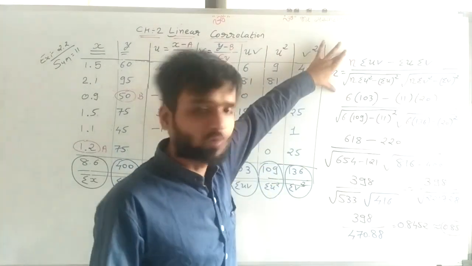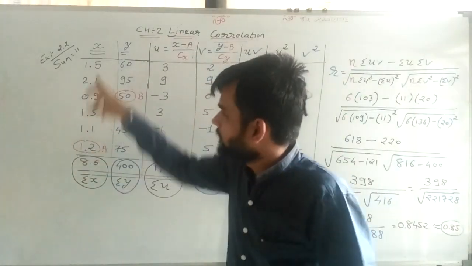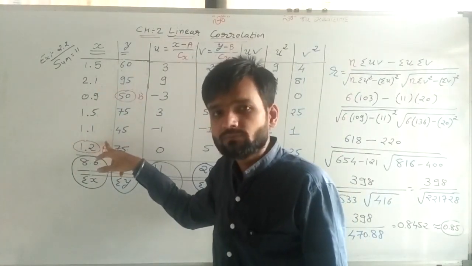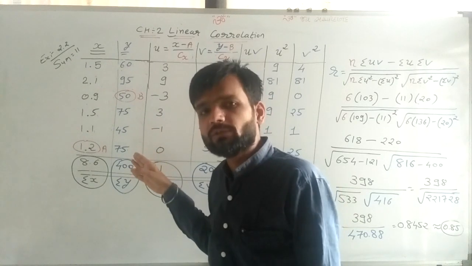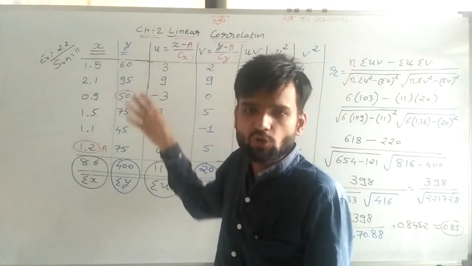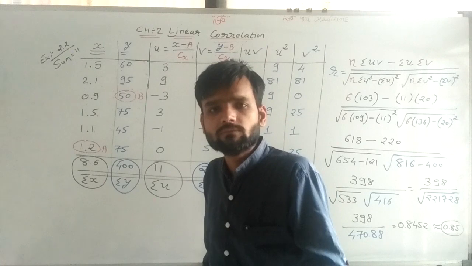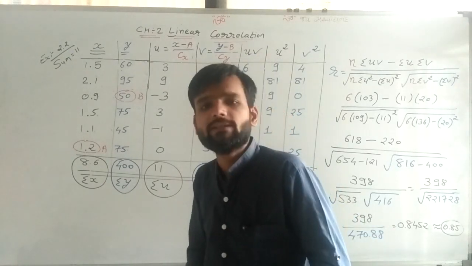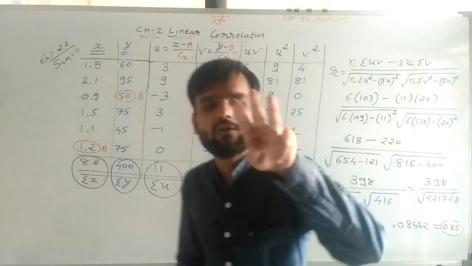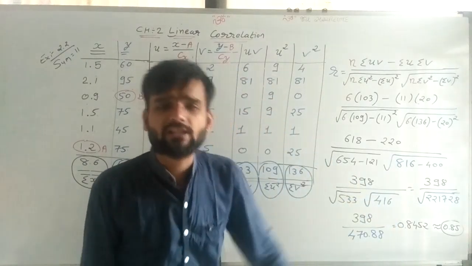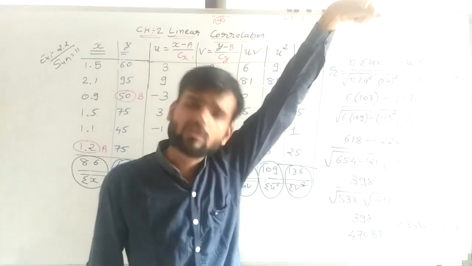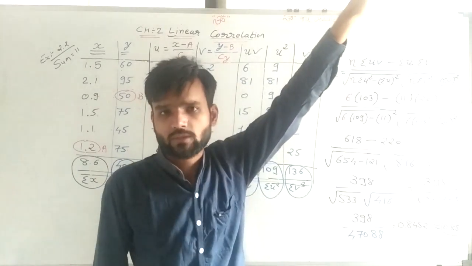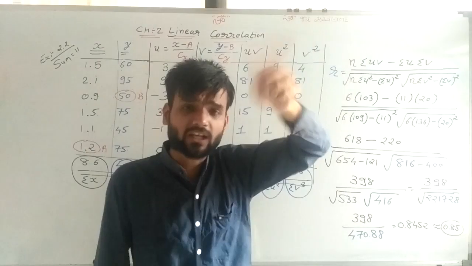Here the sum is for the third formula. Why? Fraction values are given, somewhat big values are given, whose square is not possible without a calculator, or somewhat hard calculations are there, and that's why we are using the third formula. So the first formula is used when x bar and y bar are not fractions, both natural numbers.